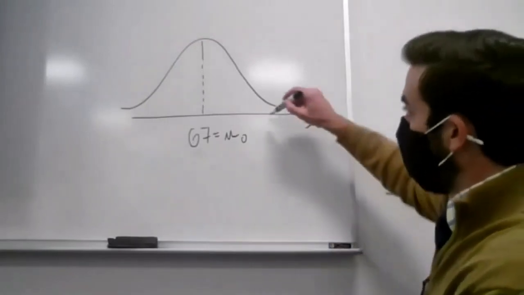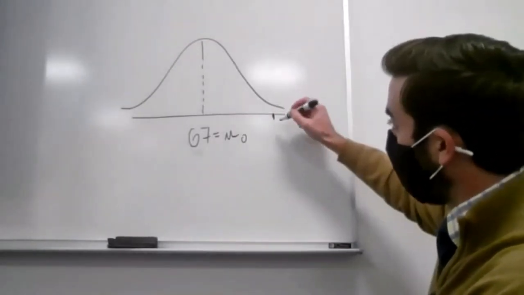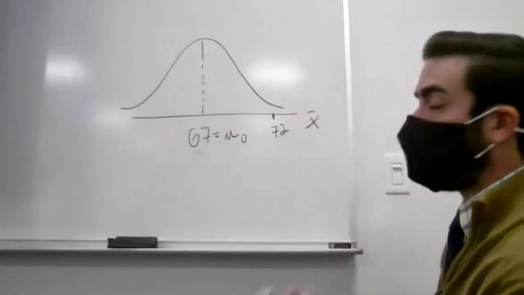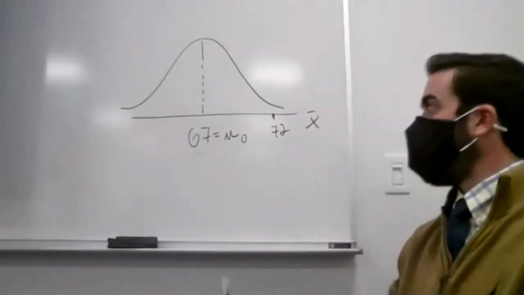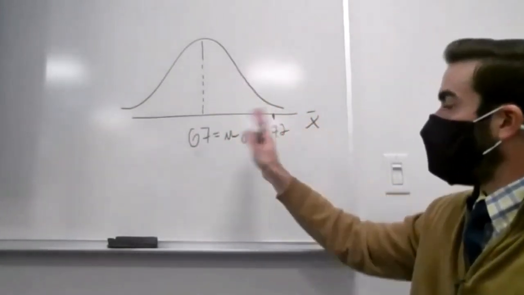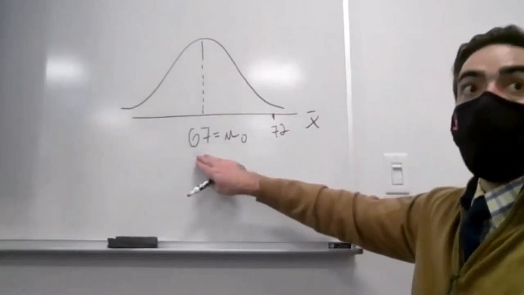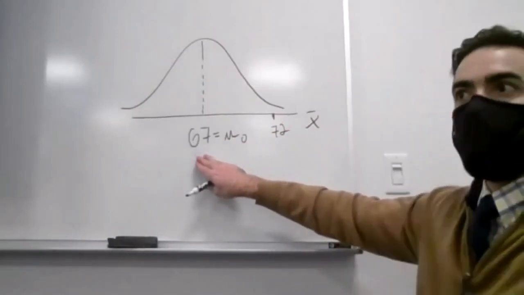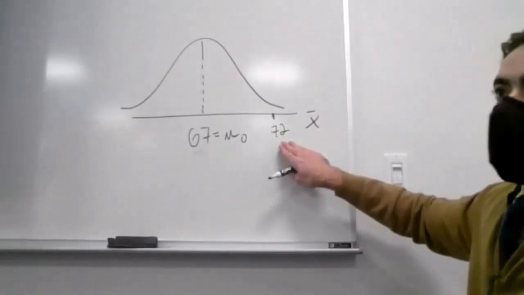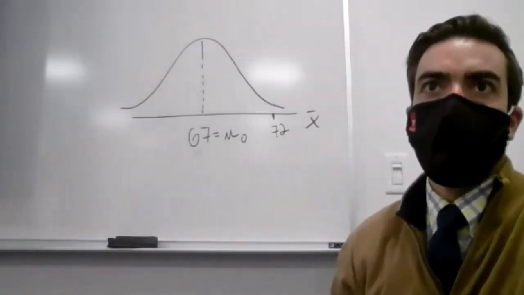So if I see a sample mean up here, say it's 72, I know that depending on the variance of the distribution, but for the sake of this, we can just think about the distance away. If the true mean was in fact what I assumed to be true, which is 67, it would not be very likely that I see a sample mean of 72, right?